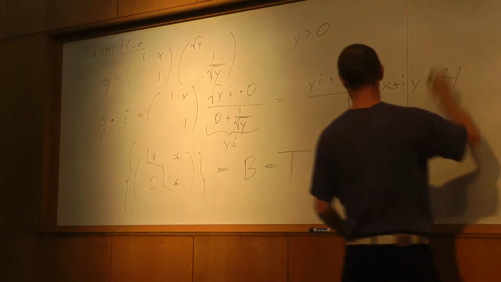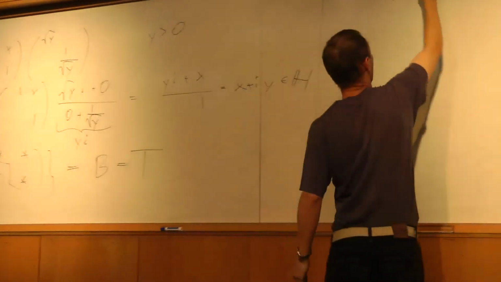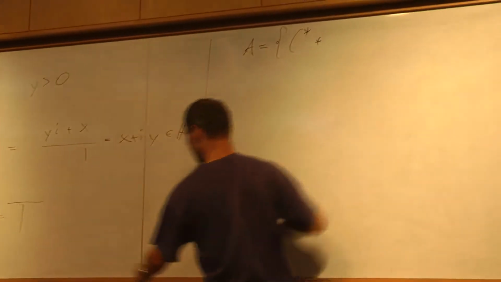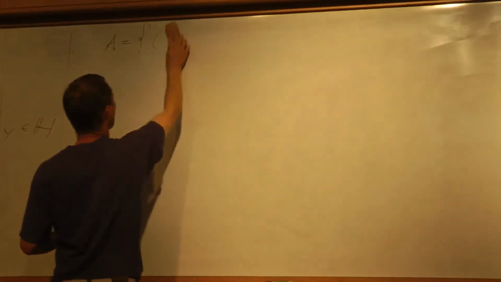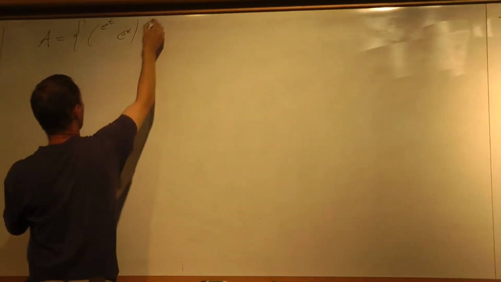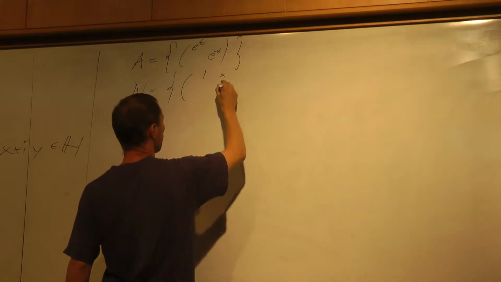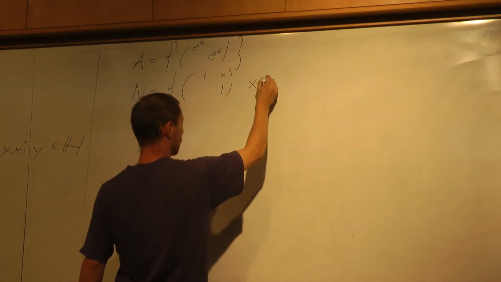While I'm at it, maybe I give you a few more abbreviations. A stands for the diagonal subgroup, but let me say that I want positive entries. And N stands for this group here. These are all groups that will feature a lot in the discussions.